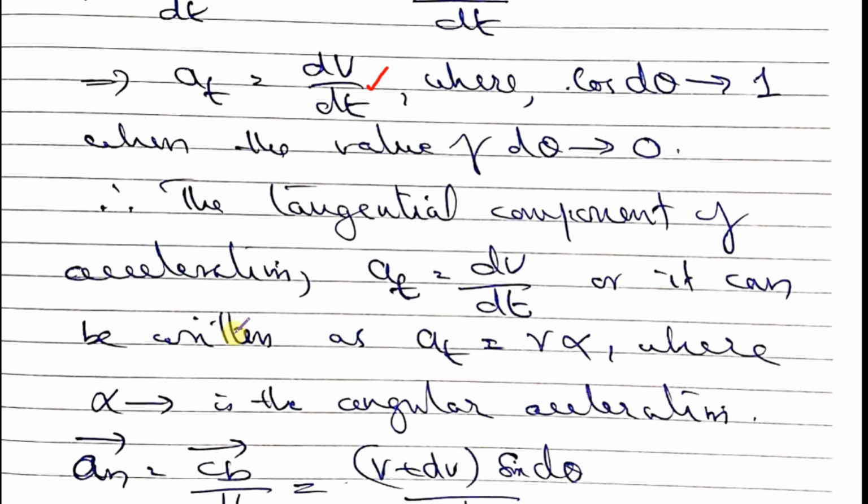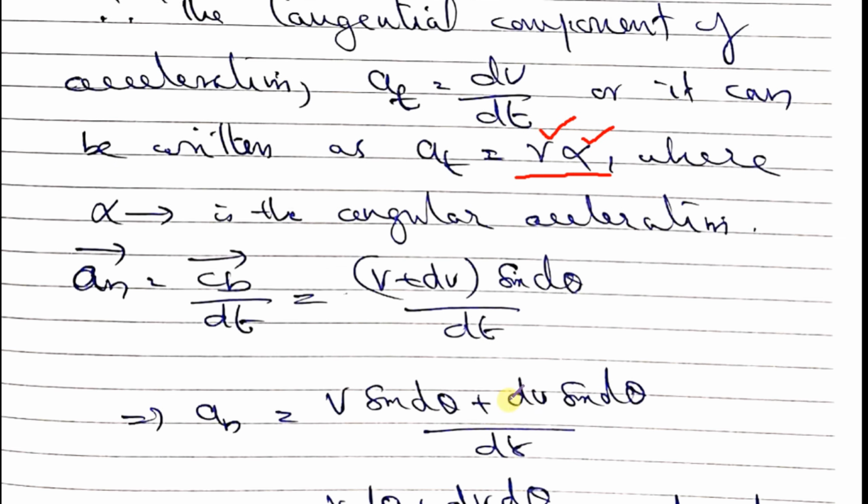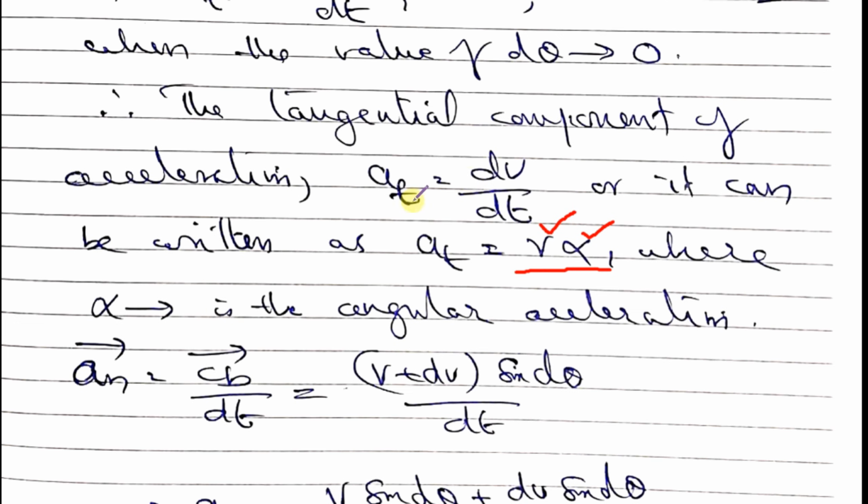So the tangential component of acceleration AT is equal to dV by dt, or it can be written as AT is equal to R alpha, where R is the radius of the curve and alpha is the angular acceleration.